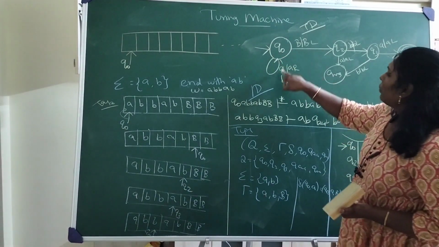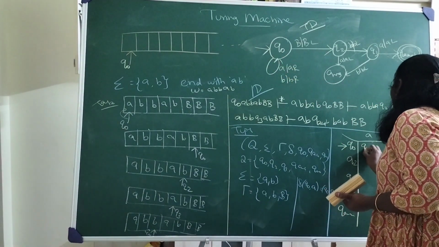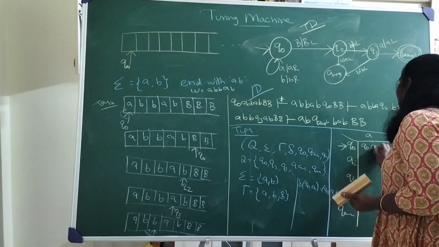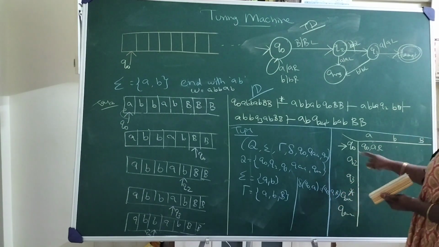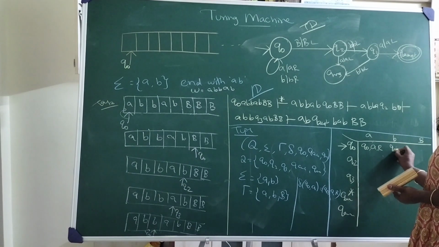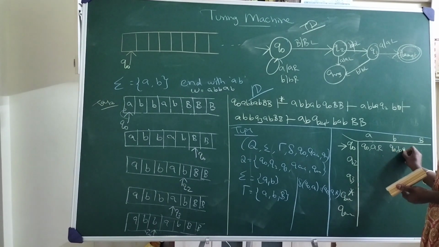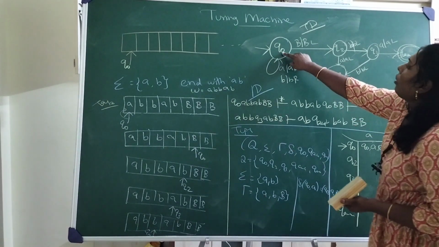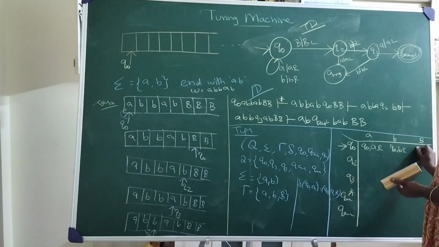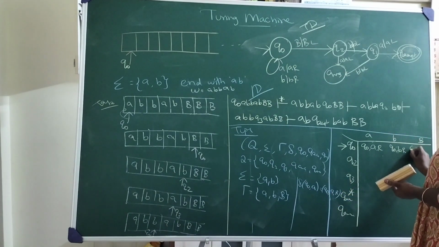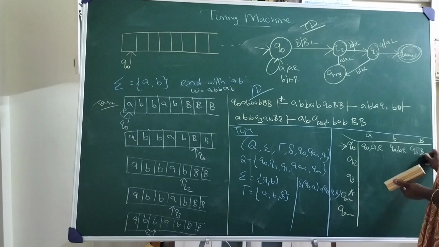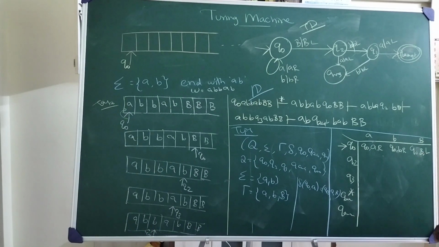So Q naught when the input is A, we remain in Q naught state itself. A remains as it is, move right. Q naught when the input is B, we remain in Q naught itself. B remains as it is, we just move one step right. And Q naught when the input is blank, blank remains as it is. We make a transition to Q2 state, blank remains as it is, and we just move one step left.